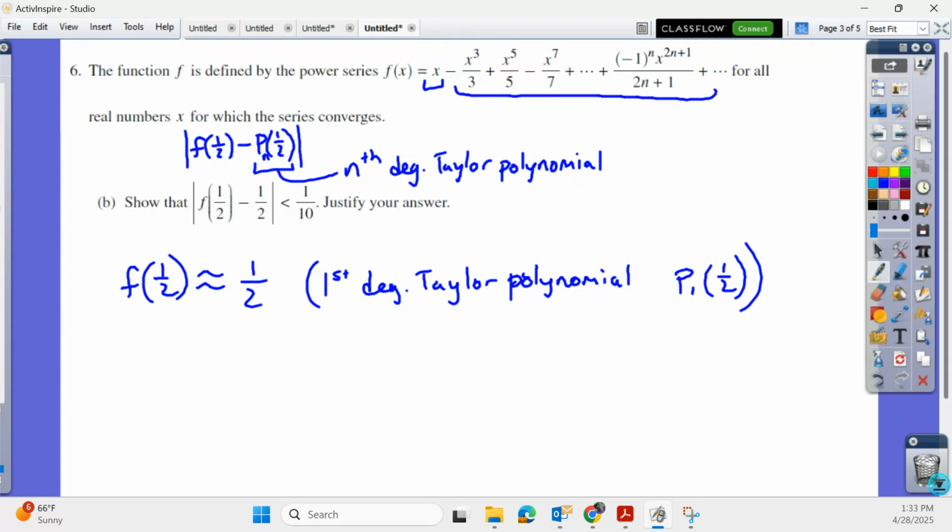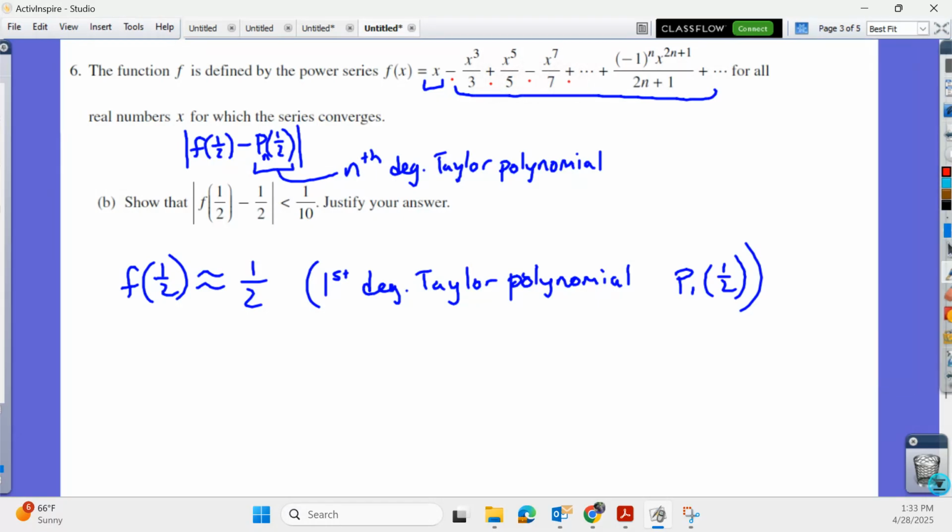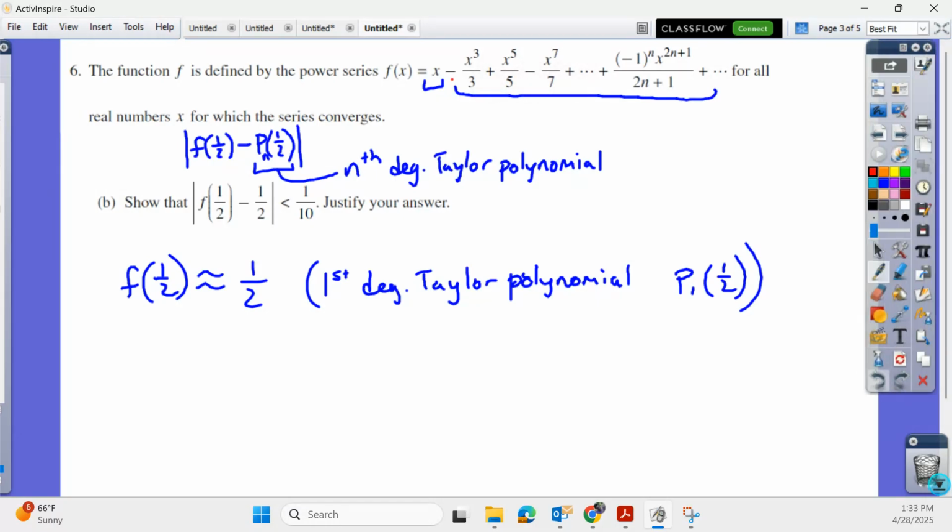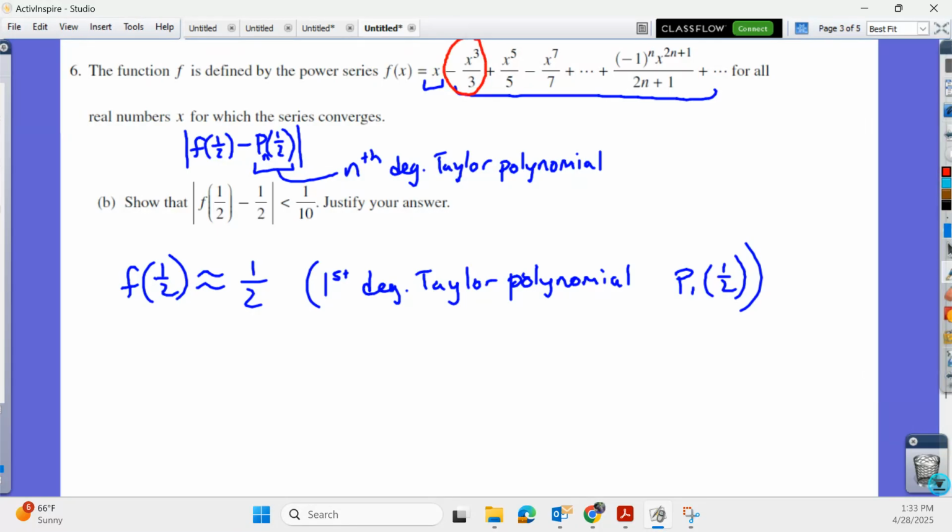And for a bound for the remainder, because it's an alternating series, right? Because every term changes signs, and because they do decrease in magnitude toward a limit of 0 right away, you can actually use the next term as your bound. So I can say the magnitude of this error, f of 1/2 minus 1/2, has to be less than or equal to the value of that next term, the first one I didn't use, the magnitude of that.